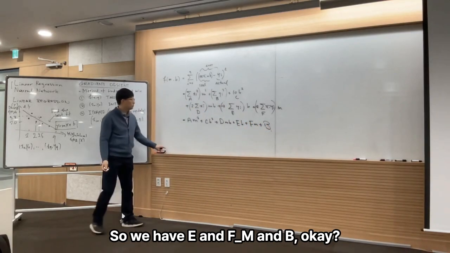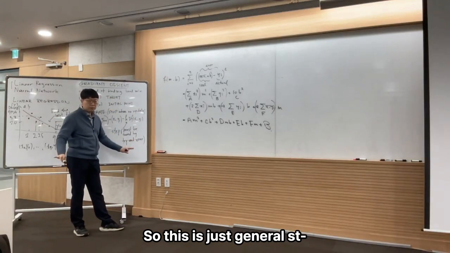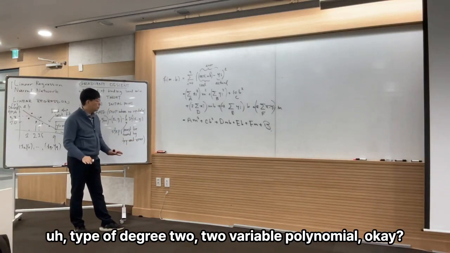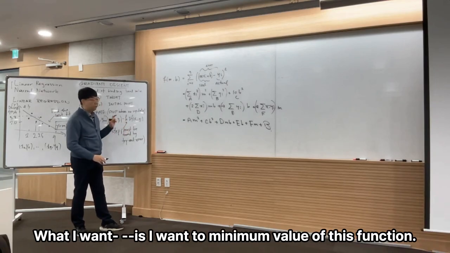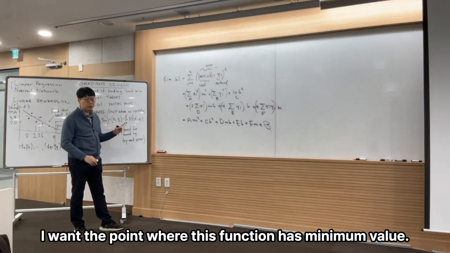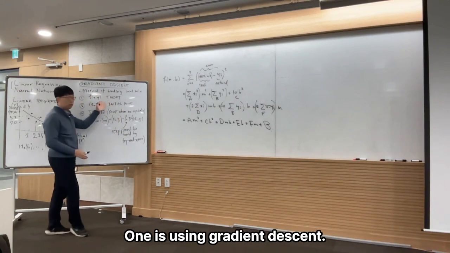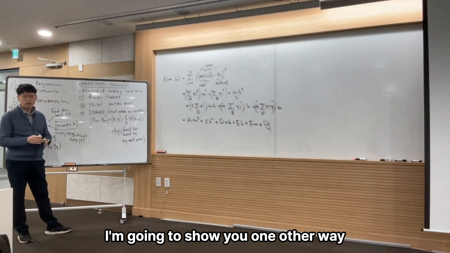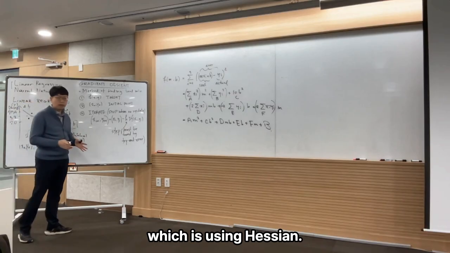So this is just a general degree 2 polynomial in two variables. What I want is the minimum value of this function, the point where this function has minimum value. There are two ways. One is using gradient descent. I'm going to show you the other way, which is using the Hessian.